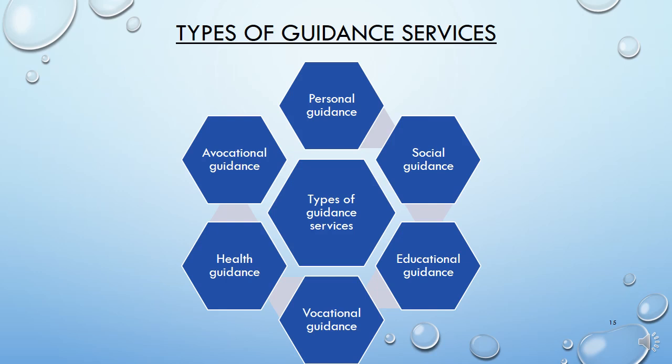In personal guidance, you can give guidance for some personal issues, and when it comes to social guidance, you can guide somebody how to behave in society or how to be a good human being. Next, educational guidance means providing guidance in the educational aspect, and occasional guidance means providing guidance in selecting a proper and a perfect occasion for an individual.